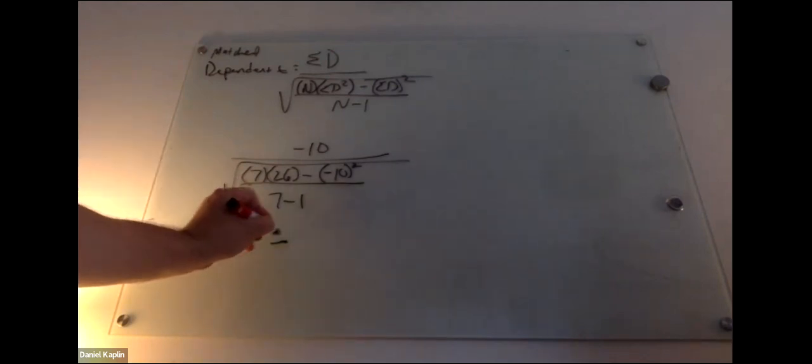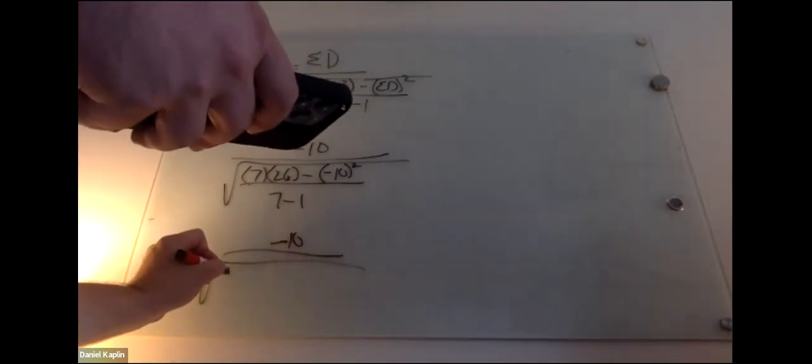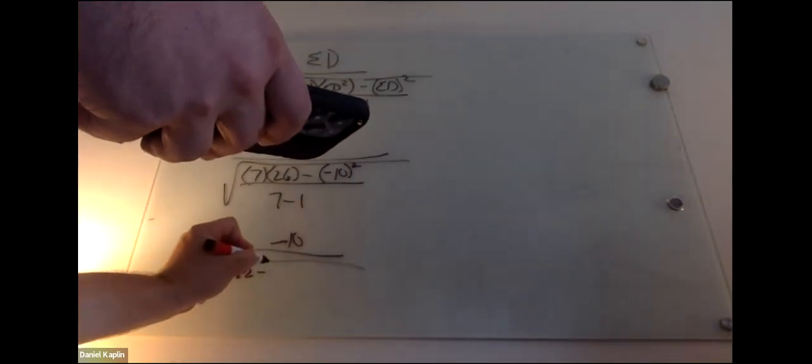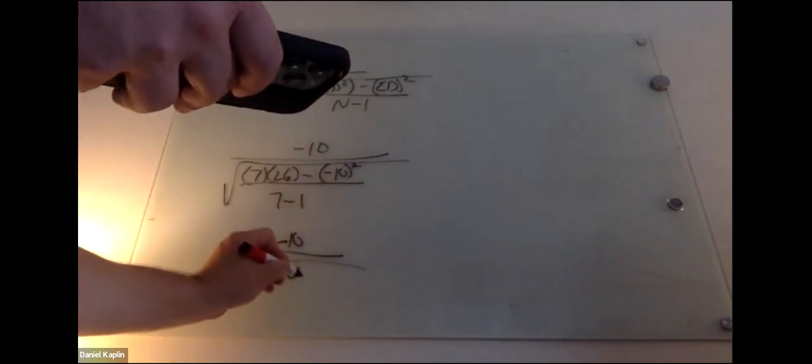Okay. So now we can get out our calculator and start working through. So we know that it's minus 10 divided by 7 times 26, which gives us 182, minus negative 10 squared. That's easy. I won't even put that in the calculator. 10 times 10 is 100. 7 minus 1 is 6.